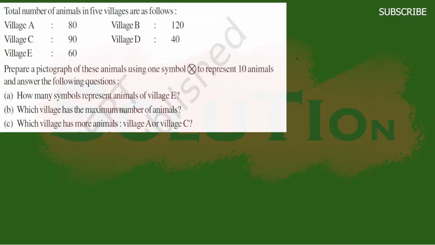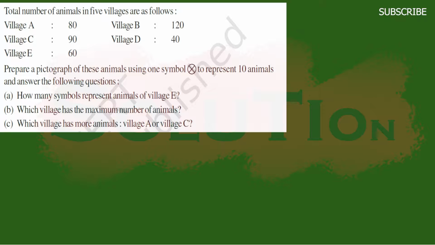So in front of you we have one question: the total number of animals in 5 villages is given here, and we have different villages and different numbers, and we have to represent that with the help of a picture. The picture is also given here.